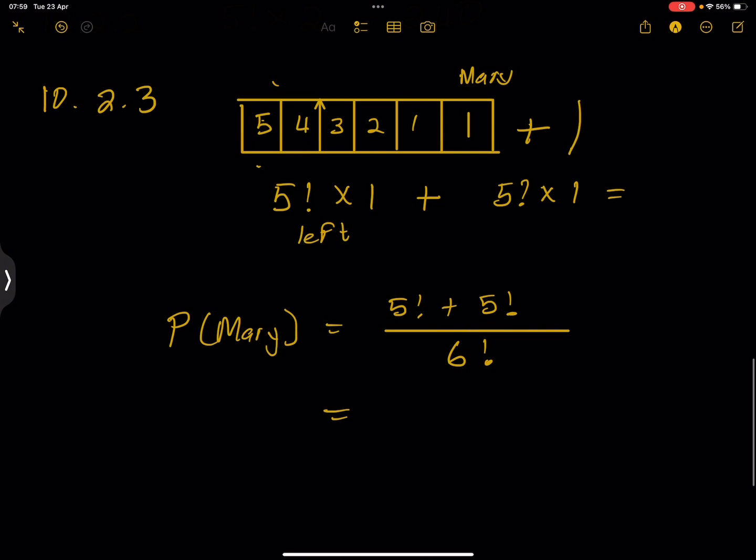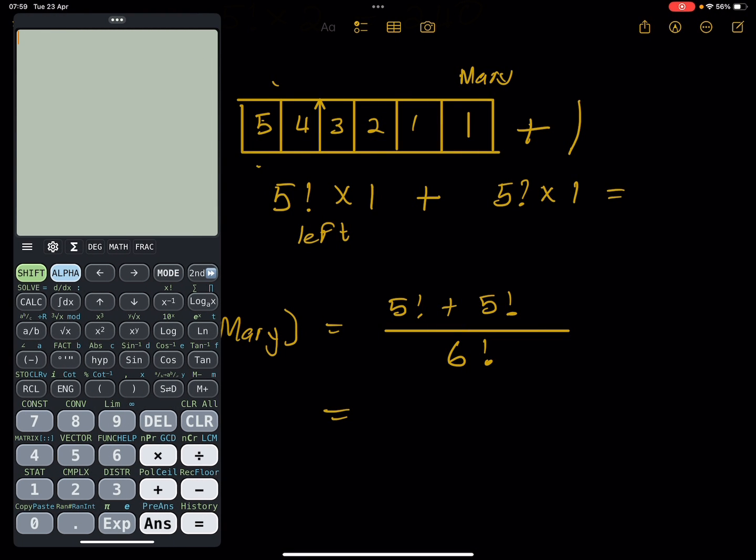So let's find that out. That would be 5 factorial plus 5 factorial, divided by 6 factorial. So in this case, the probability that she will sit at the edge will be 0.33, or you can simply say that's 1/3.